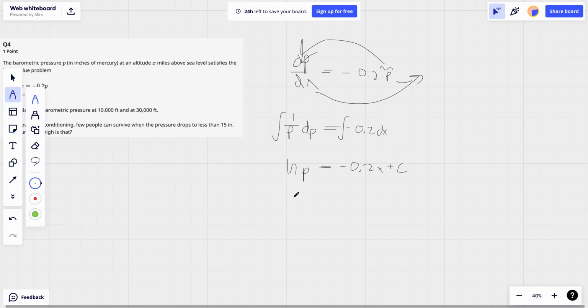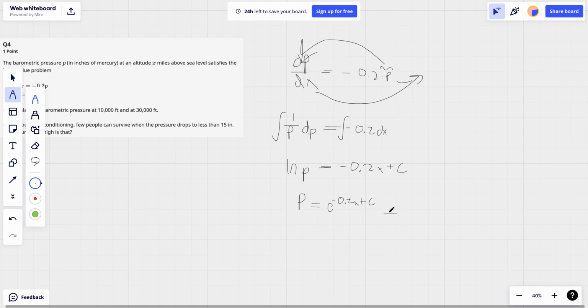So the simplified version of this is going to be p is equal to e to the power of negative 0.2x plus c.